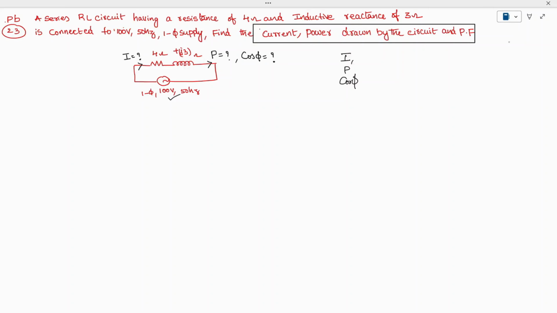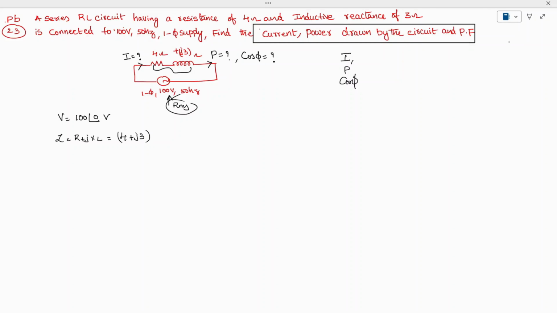So here let's try to see. The quantity given in the problem is the RMS quantity. So we can write down the RMS quantity V is equal to 100 at an angle of 0 volts, and we require the impedance. The impedance is nothing but R plus jXL ohms, where you can write this as 4 plus j3 ohms.